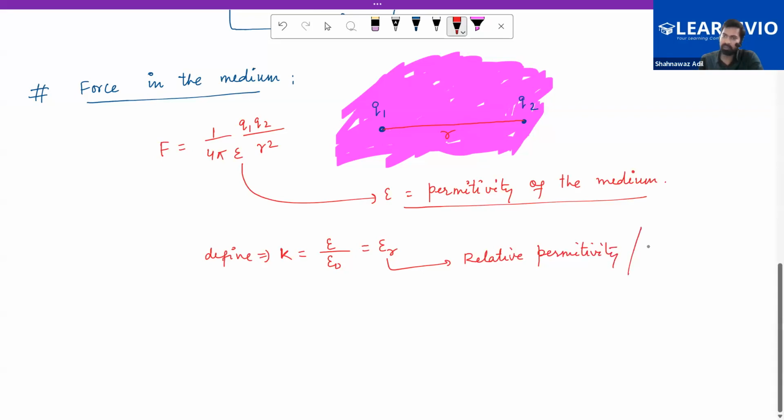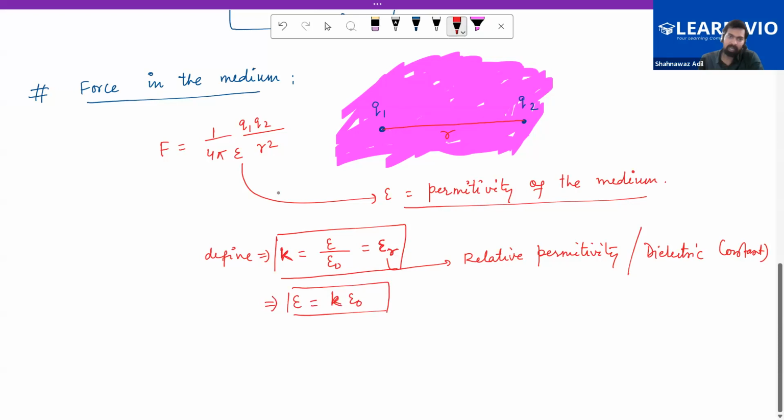And this is also called the dielectric constant. Right, both are same. Sometimes it may be denoted as K, sometimes it will be denoted as epsilon R. So both are same. And this K is the dielectric constant. So if I find out this value of epsilon, this would be K epsilon naught.